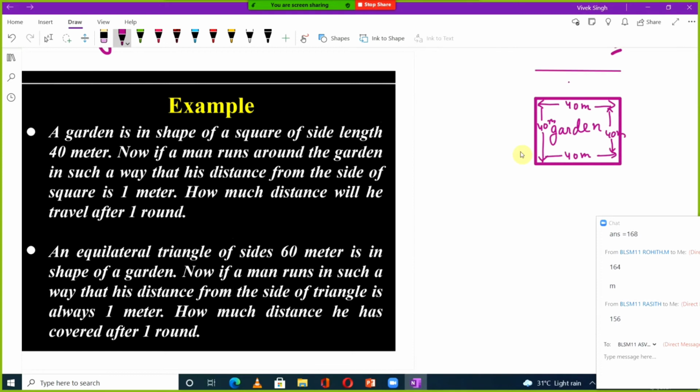Your distance between the side and him will be 1 meter always. From this side also you can move like this. This will also be 1 meter. Again from this side also.